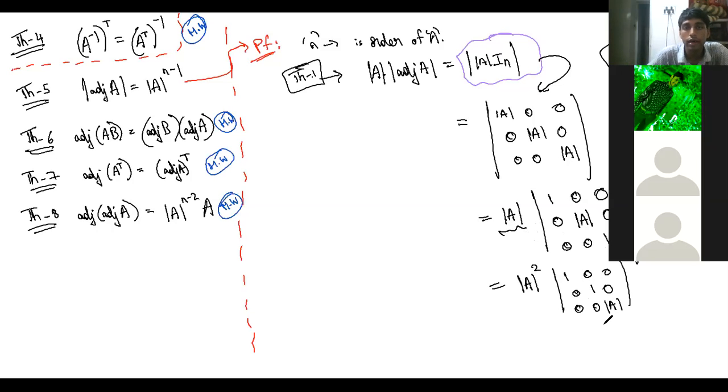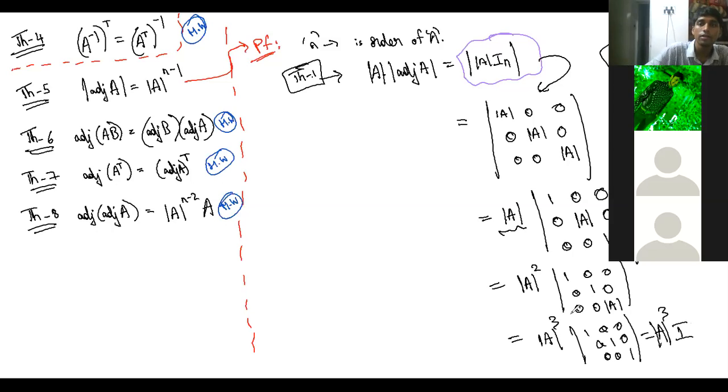And if you want to take that also out, basically what are you doing? You're taking it common out of each row. Then it becomes cube. 1, 0, 0, 0, 1, 0, and 0, 0, 1. Which is nothing but determinant of A cube times of I. Keeping this in mind, can you guys tell me what is the determinant of this?